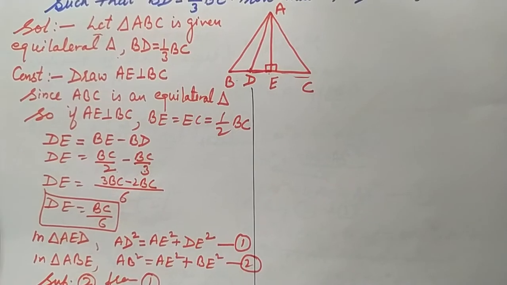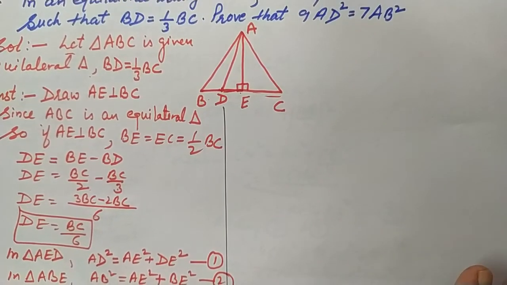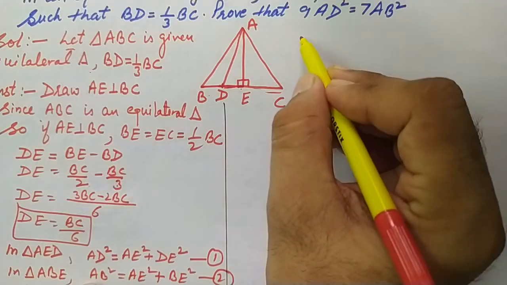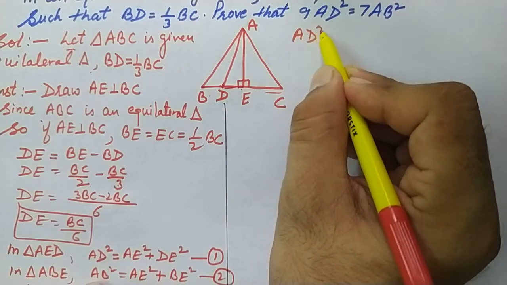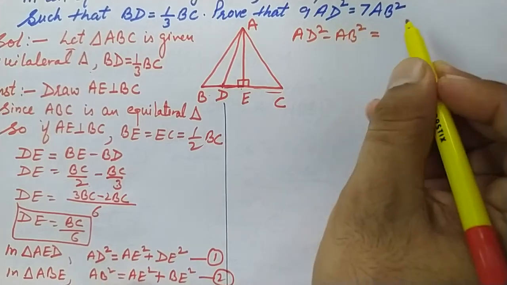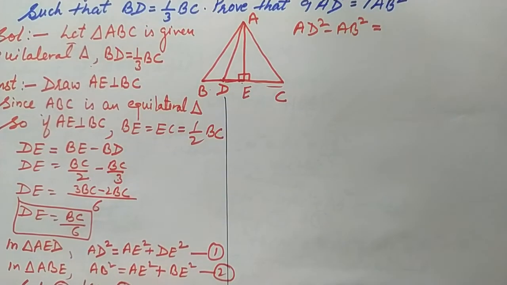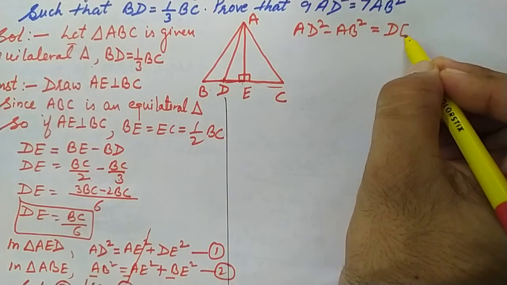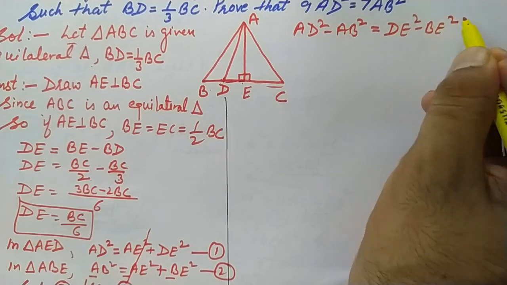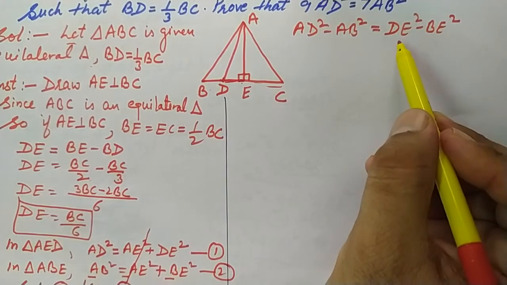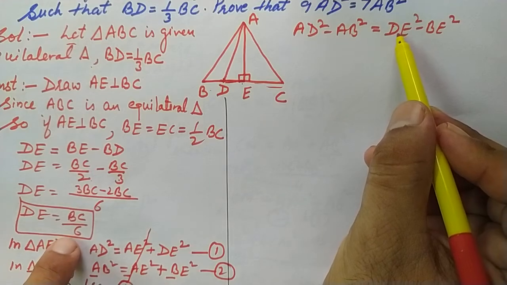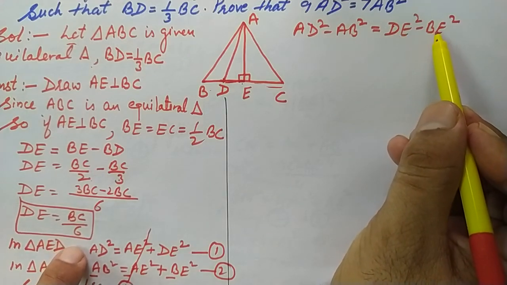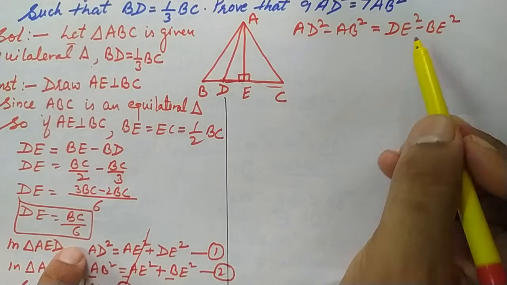So let's subtract. AD square minus AB square is equal to, if I am subtracting here, then signs will be changed, minus minus. So AE square and AE square will be cancelled. What is left is DE square minus BE square. Now you can do your work comfortably: in place of DE I'll fill 1/6 of BC, and in place of BE, half of BC.